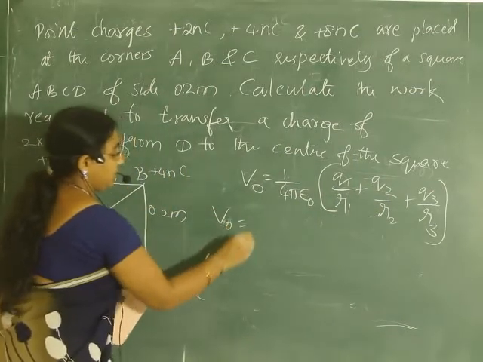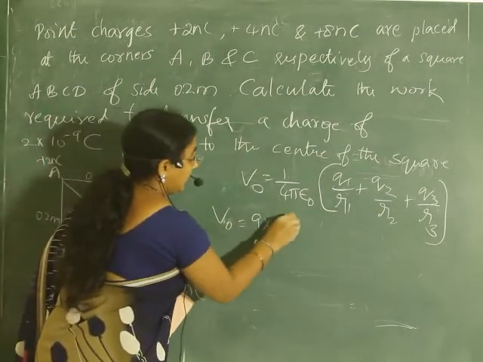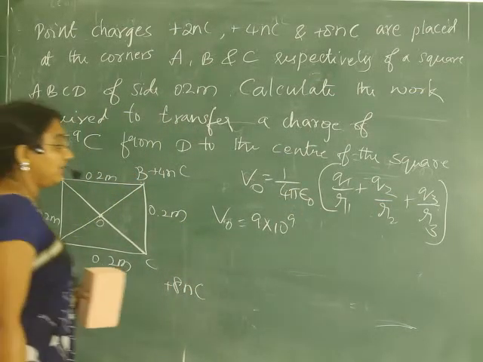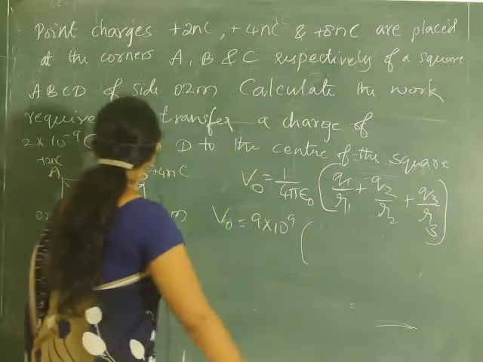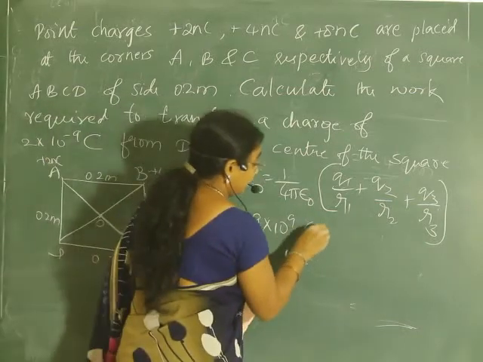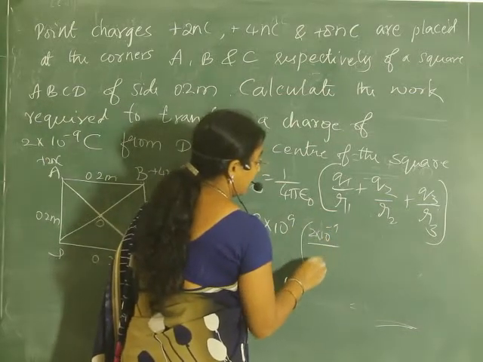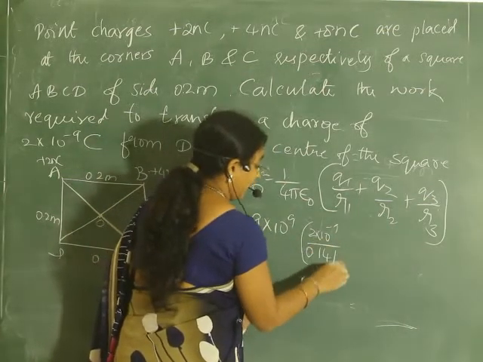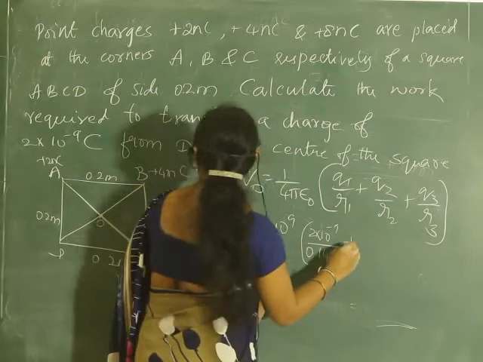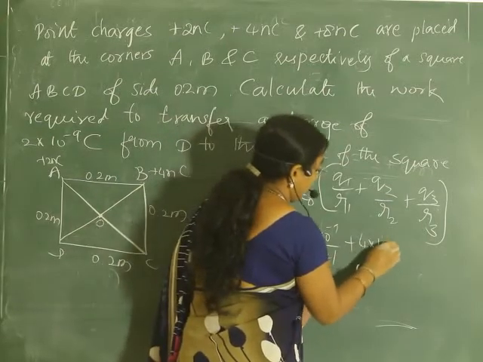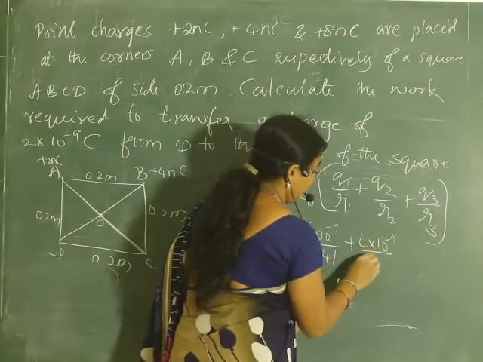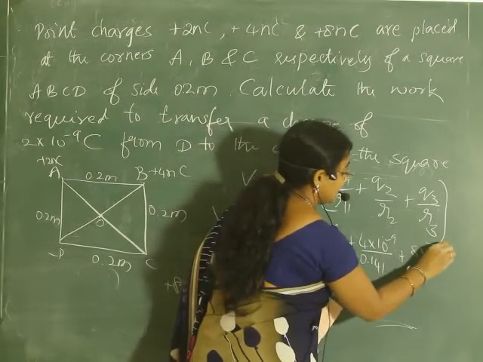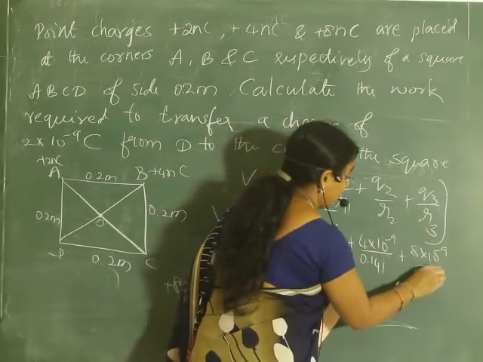VO is equal to 9 into 10 to the power 9, because 1 by 4 pi epsilon naught is nothing but 9 into 10 to the power 9, into Q1, 2 into 10 to the power minus 9 by R1, that is 0.141, plus Q2, 4 into 10 to the power minus 9 by 0.141, plus 8 into 10 to the power minus 9 by 0.141.